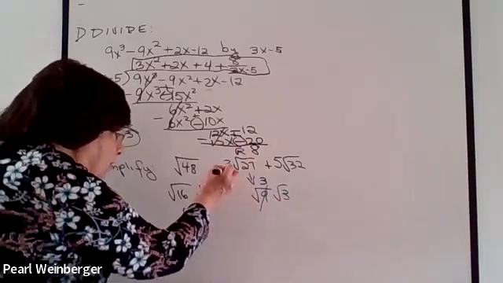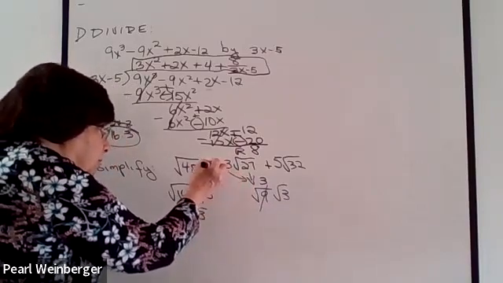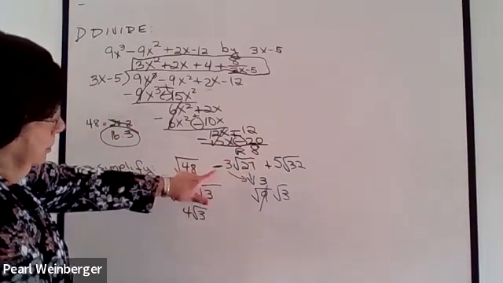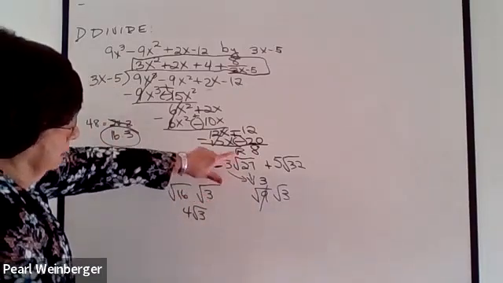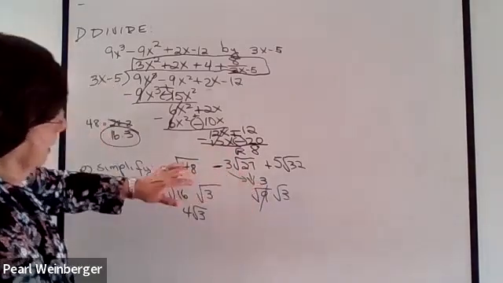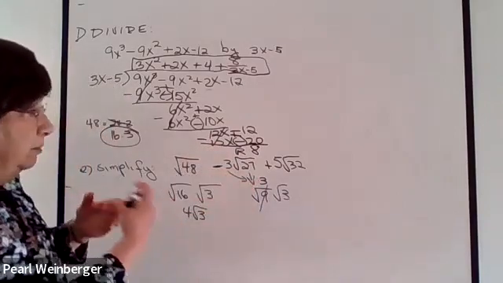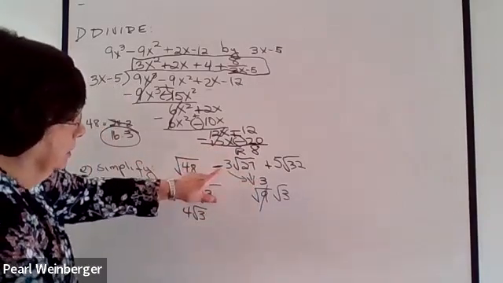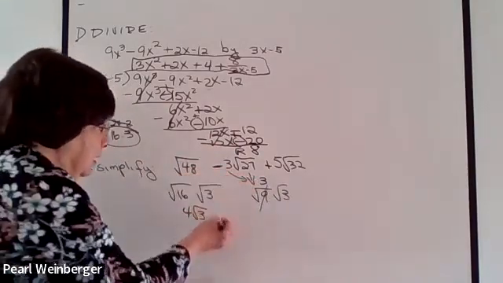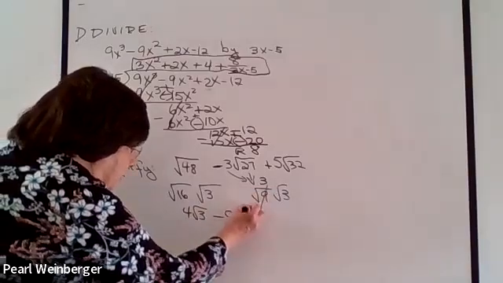But now we have to remember there was an additional minus 3 in front of it. So I have to take this minus 3 from before and multiply it by the 3. Since both are outside the radical, we can multiply them together. Negative 3 times 3 is minus 9, and we bring down our radical 3.